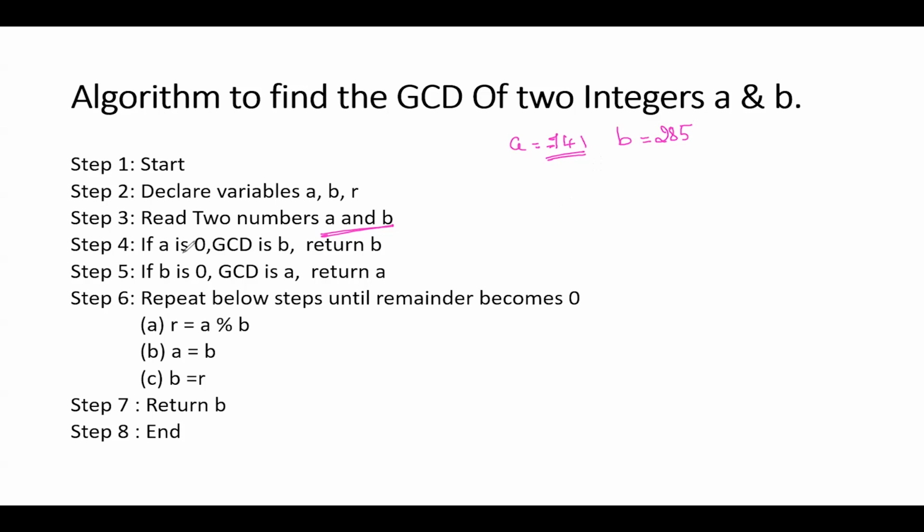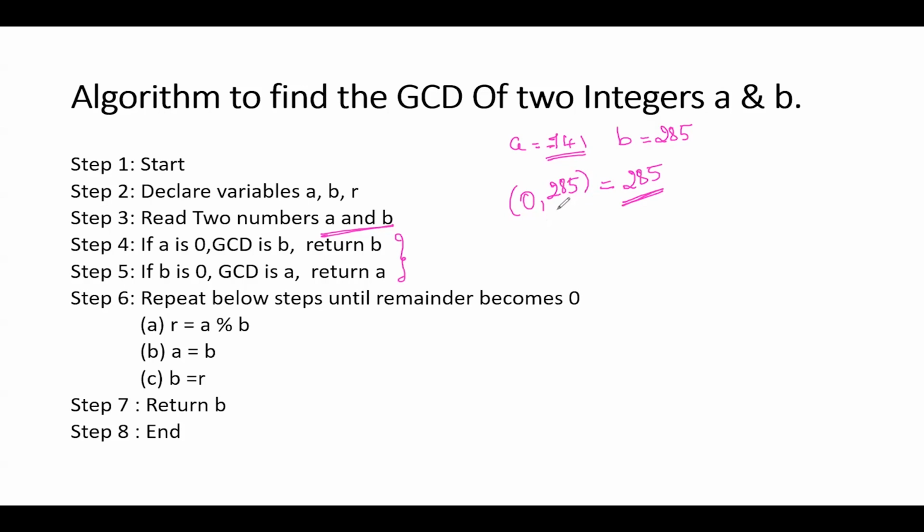Also, the initial condition we have is if a is equal to 0. If one of the numbers is 0, for example, if it was 0 and 285, then obviously the greatest common divisor will be 285. Reason being, any number is divisible by 0, or it is a divisor of 0. That is the reason.